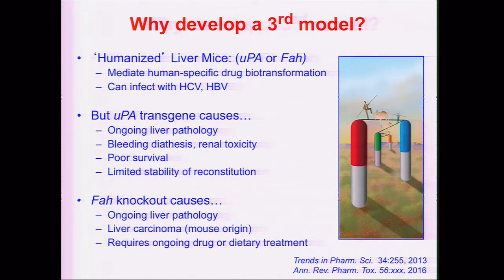They had ongoing liver damage, and if you were going to study drug toxicity, it wasn't great to have this continuous liver toxicity. So in our model, the toxicity is temporally controlled. We just give 2 doses of a drug. We wipe out the mouse's liver and put the human liver in. Because of that, the mice are otherwise okay, and they can survive a very, very long time.